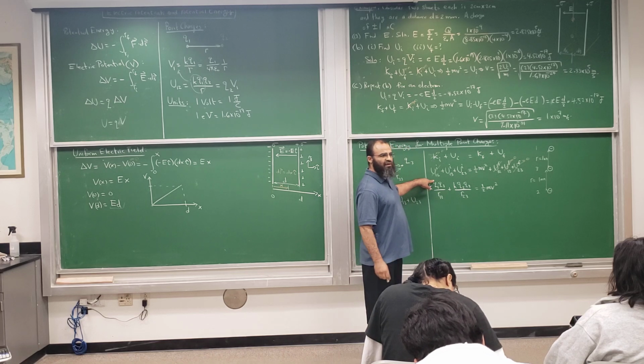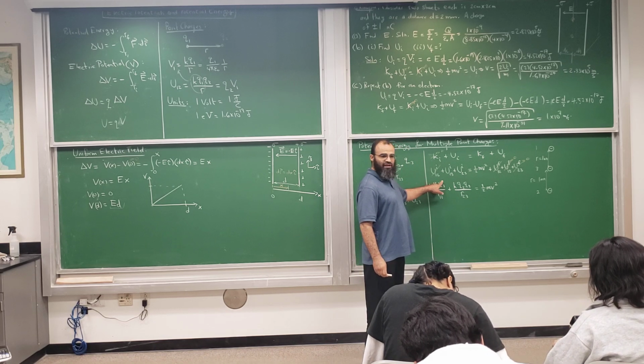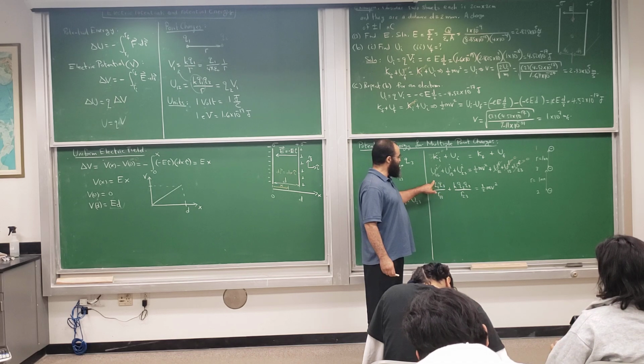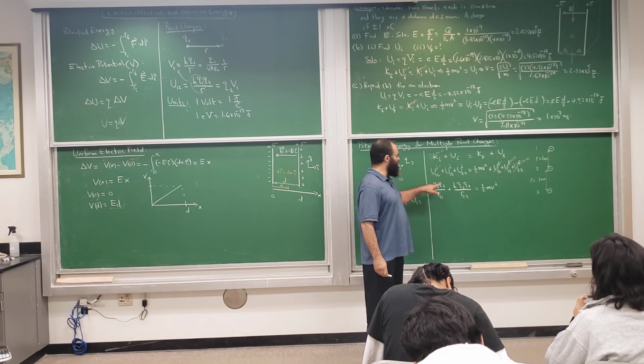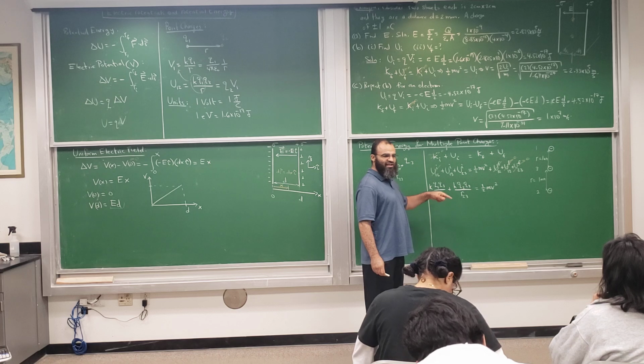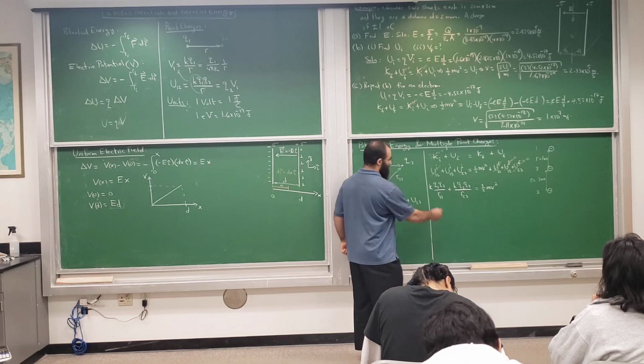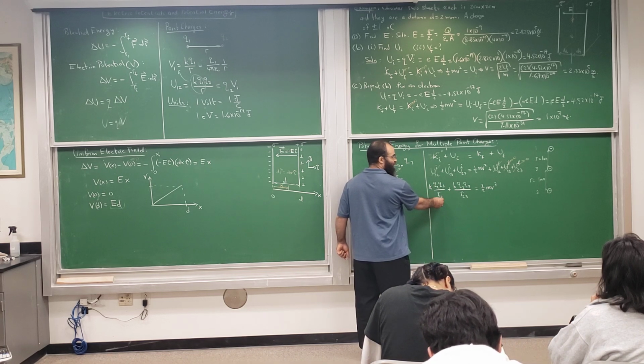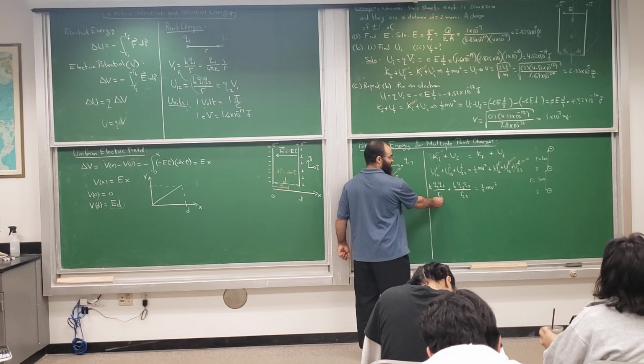Now, what's Q1? An electron, so minus E. Q3, another minus E. I'm sorry, minus E times minus E is E squared. So you get K E squared over R, right?